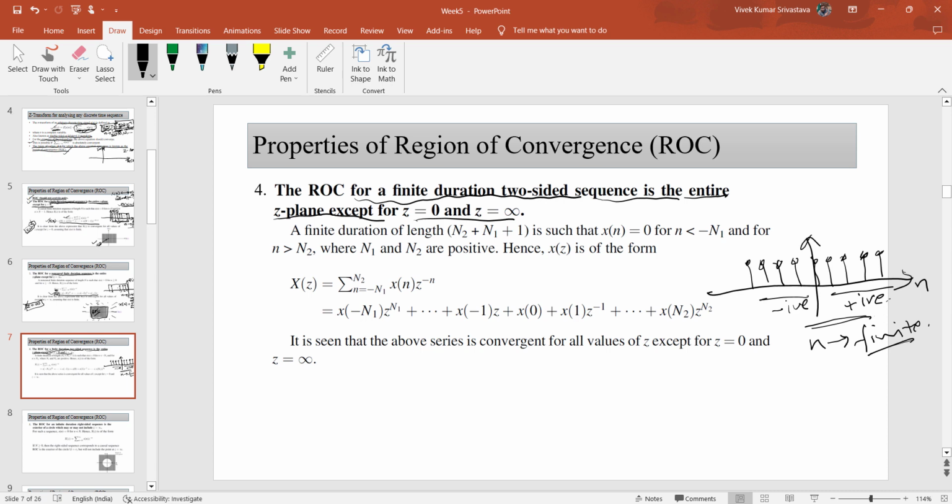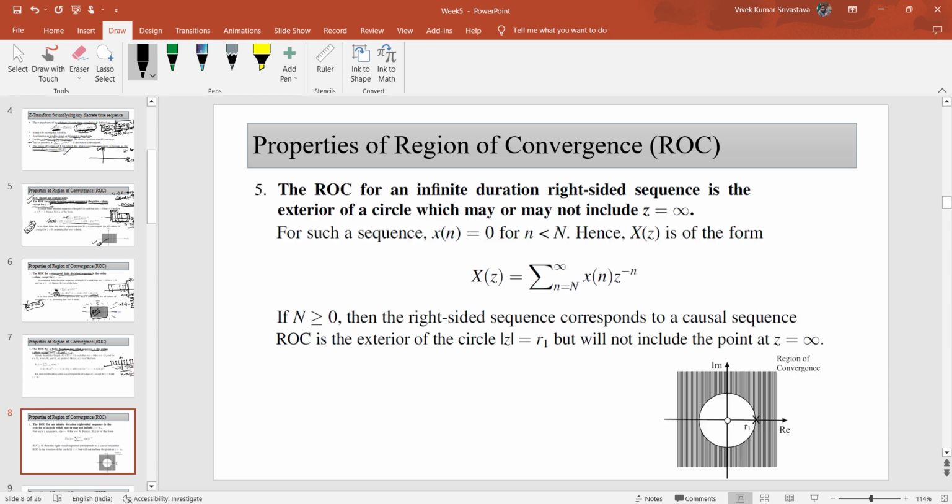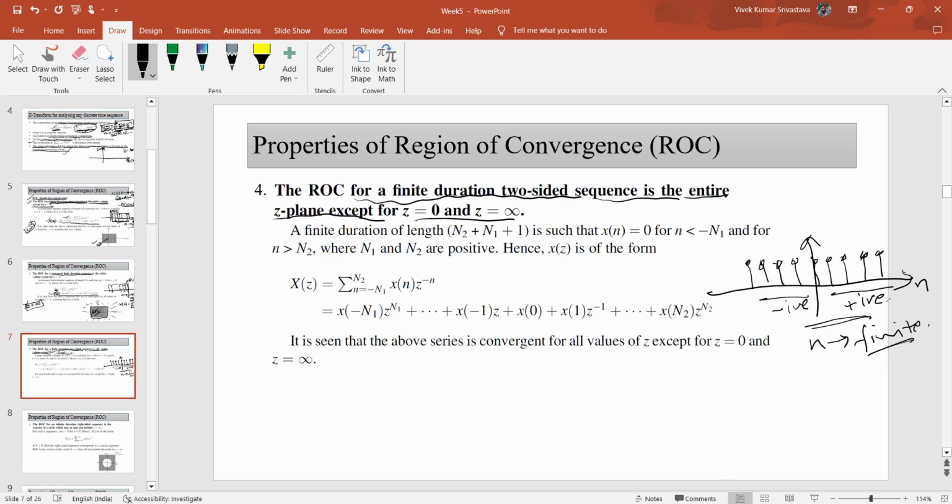Okay, so such kind of signal is represented as, sorry, x of n equals summation n equals minus n to n. Let us say it is minus n and this is n, x of n. Okay, so this finite duration two-sided sequence is represented by this expression.